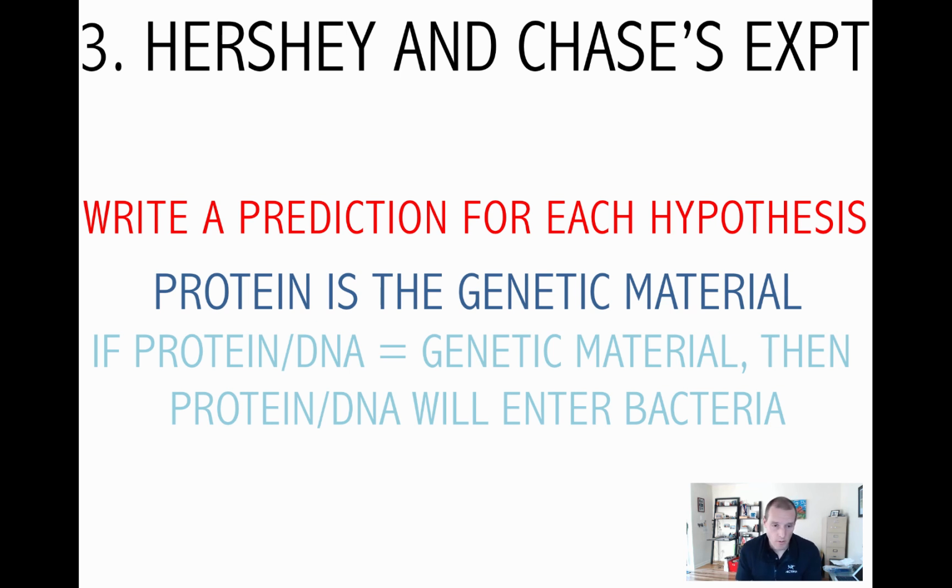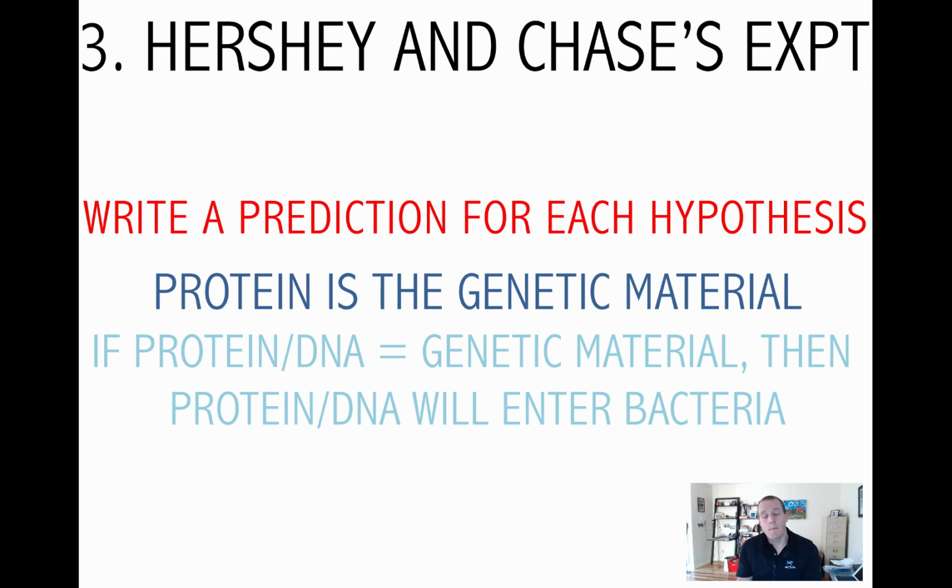That's what the genetic material would do. It would act as a template, a blueprint to direct the bacterial cell to make new viruses. That's what happens in viral infections. They go inside cells, and then the genetic material tells that host cell, hey, you need to make more viruses. So if protein is the genetic material, we'd expect it to go into the bacterium during the infection.